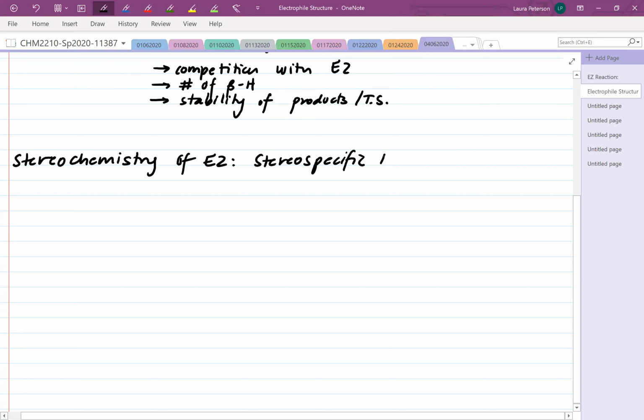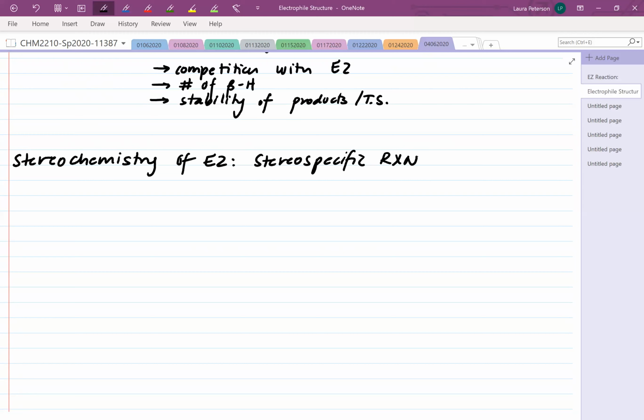I just want to think about this for a second as it compares to other reactions we've seen. The other stereospecific reactions we've seen are largely the addition reactions of alkenes, where the E/Z geometry of our alkene starting material influenced the product stereochemistry. Whether it was syn or anti addition, we saw stereospecificity in that way.